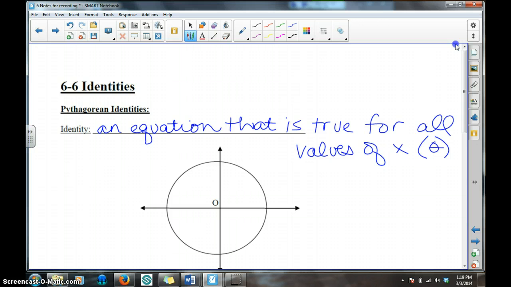When we're doing a unit circle, the Pythagorean identities, the new ones that we're going to add into our vocabulary today, come from the unit circle.